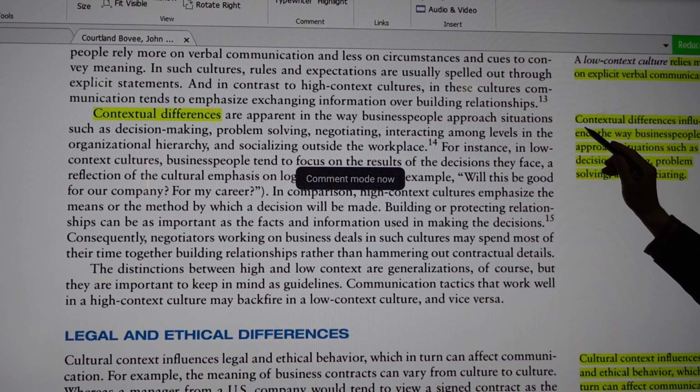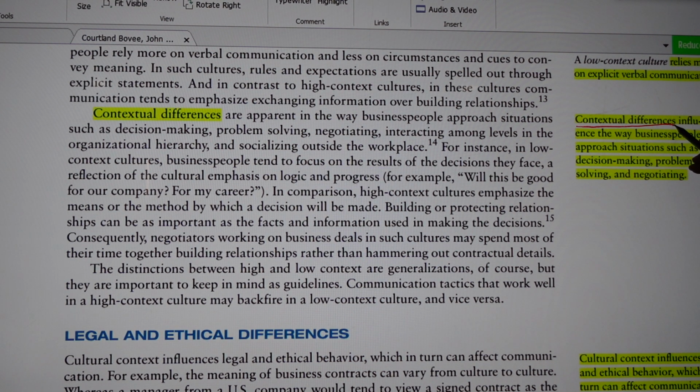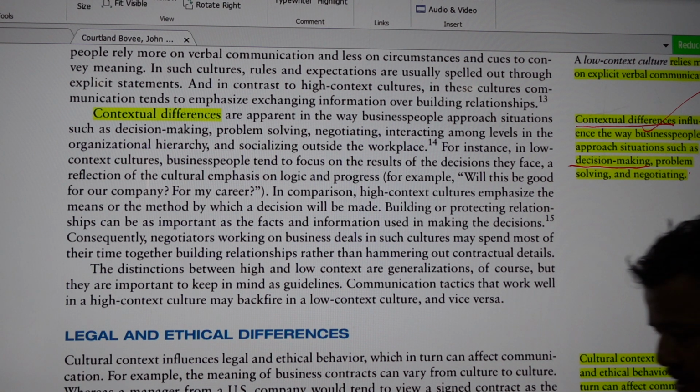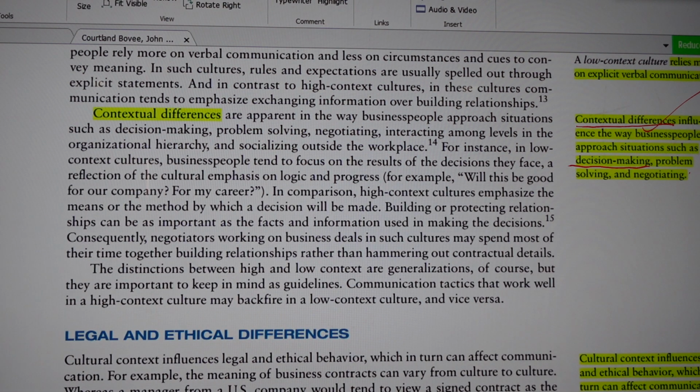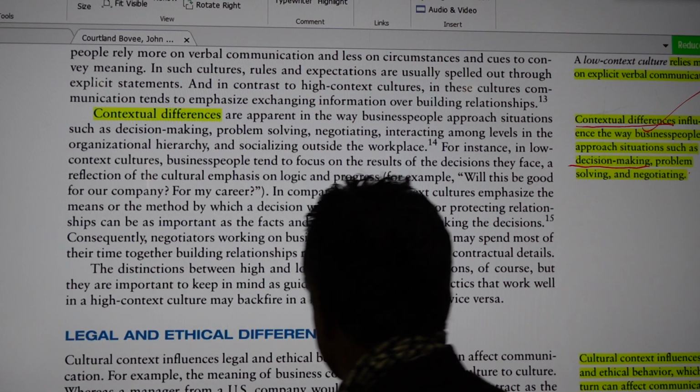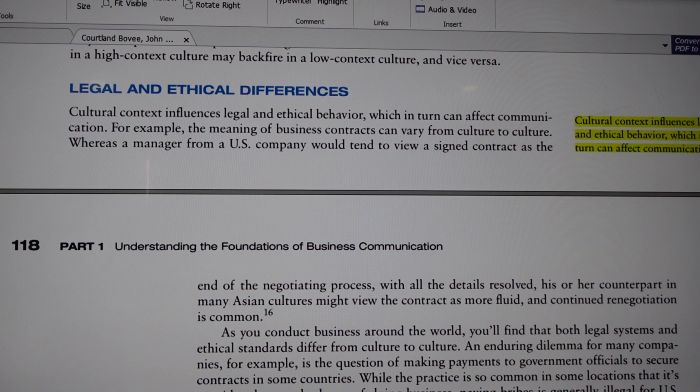When there is contextual difference, business is affected, right? You must take different decisions in different contextual situations. Now, after contextual differences, let's talk about legal and ethical differences.